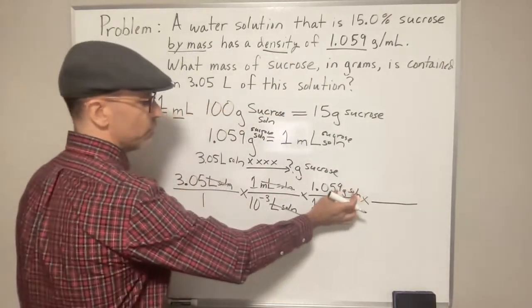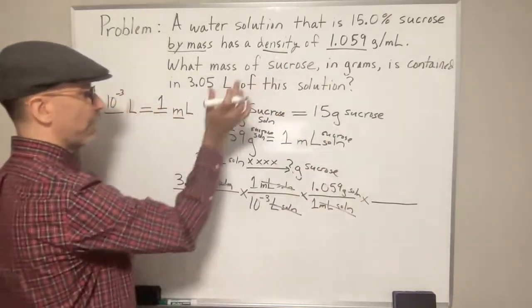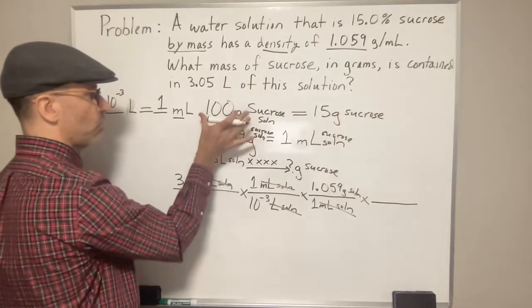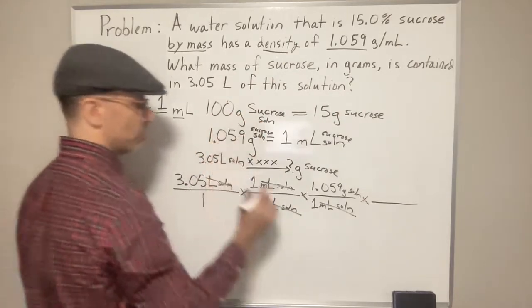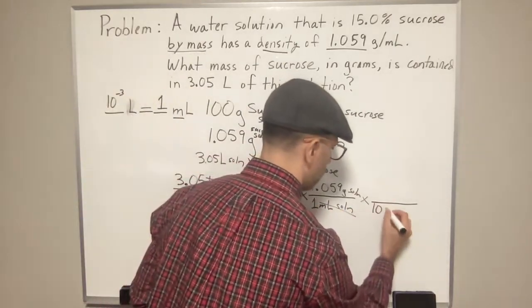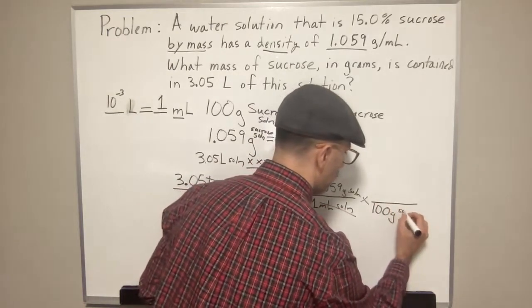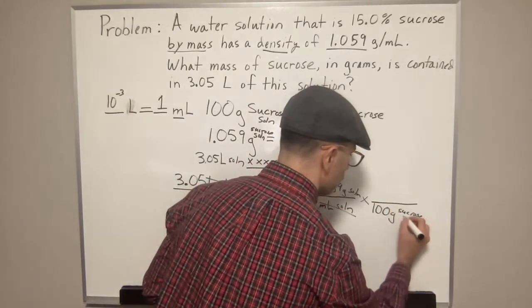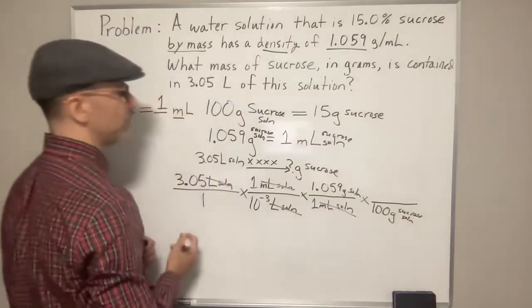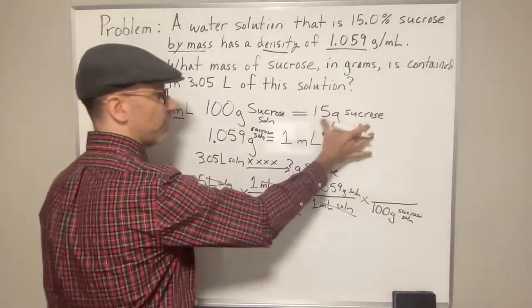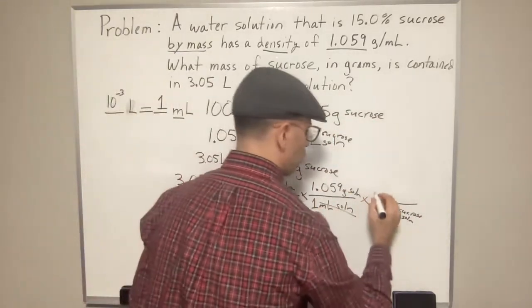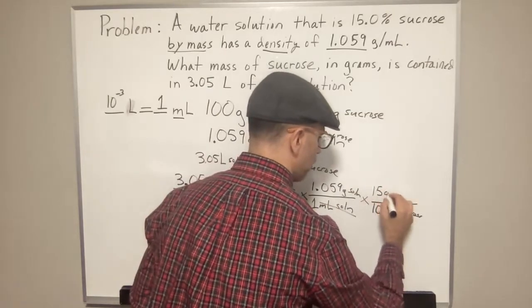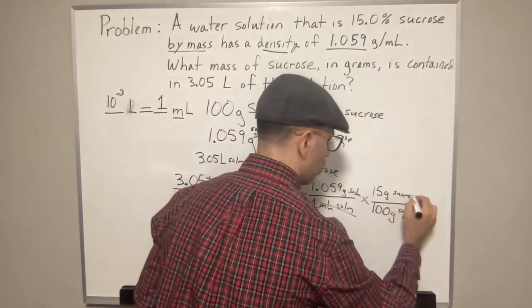I have grams of solution on the top, so I need grams of solution on the bottom. So 100 grams of sucrose solution goes on the bottom, and that means that 15 grams of sucrose goes on top.